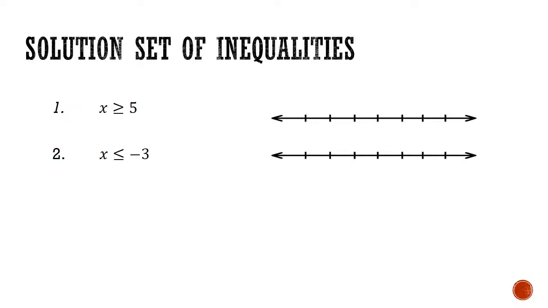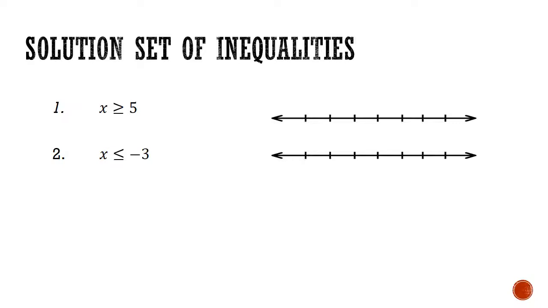So when we talk about solutions for inequalities, we have a solution set instead of just one value, like equations. When we have a solution represented by x is greater than or equal to 5, that means I'm including every single number greater than 5, and it can be 5 as well.